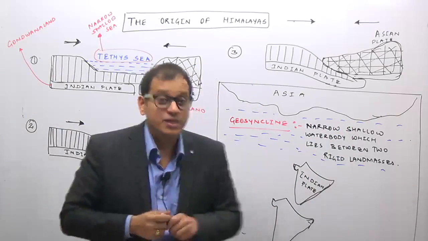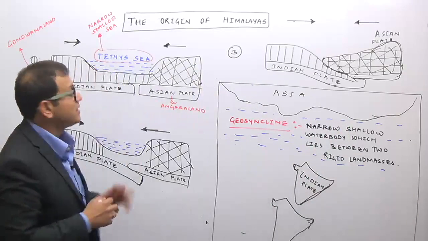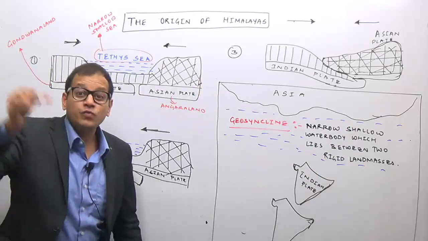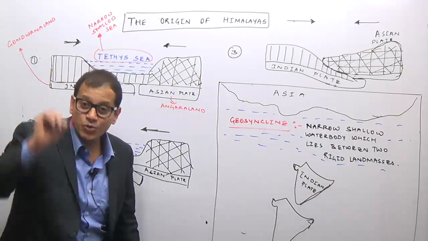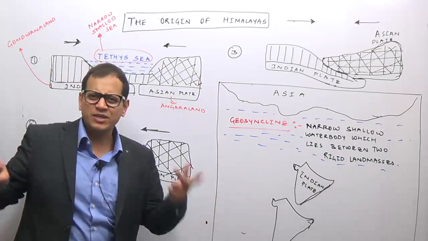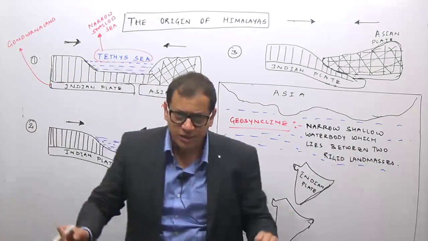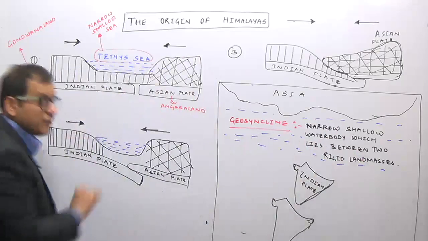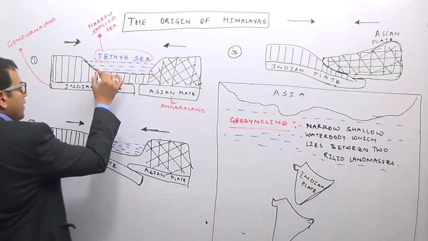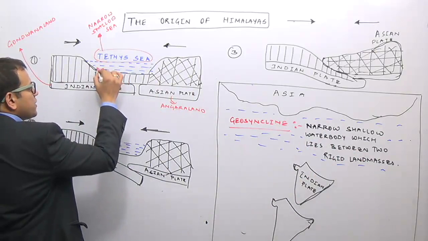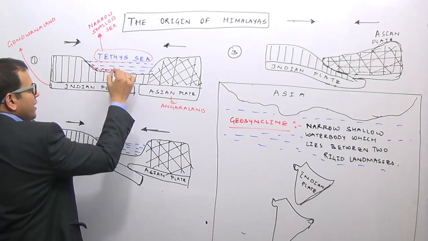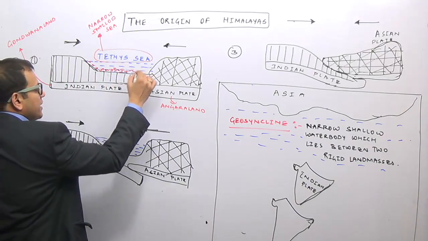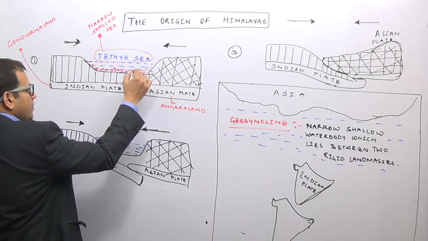Inside this Tethys geosyncline, obviously these are the land masses, and therefore from these land masses rivers originated. From any landmass, a river will originate and it will go into the sea. So even from the Tethys geosyncline, rivers originated and went into the sea. And while going into the sea, a large amount of sediments, which I am showing with the red dots now, got deposited in the Tethys Sea.